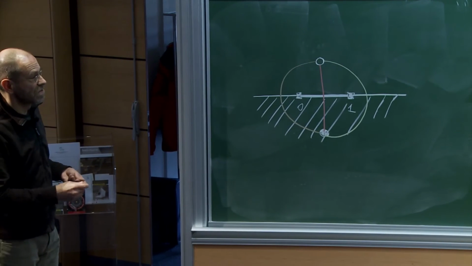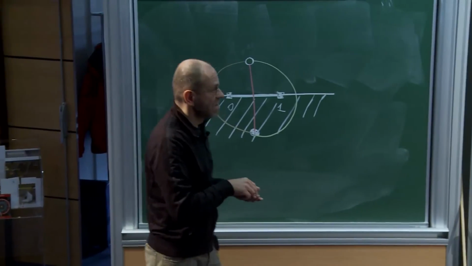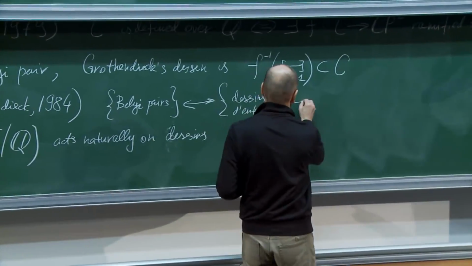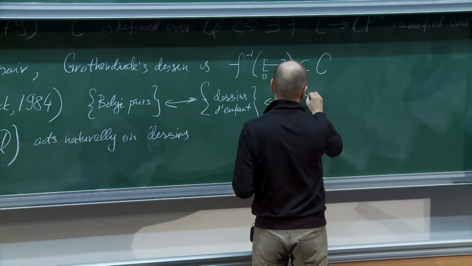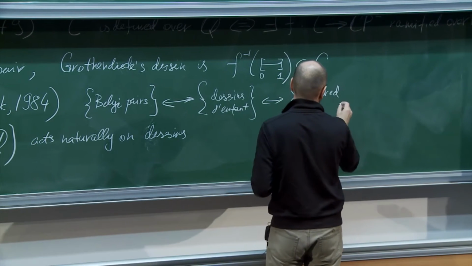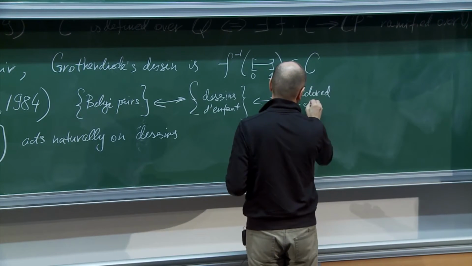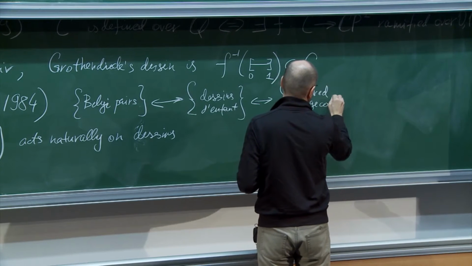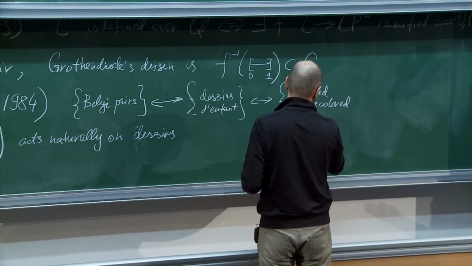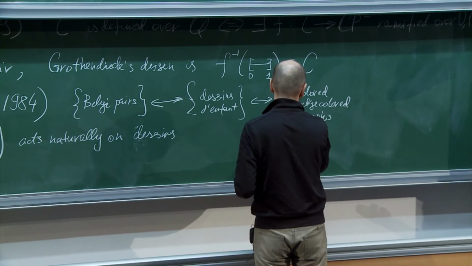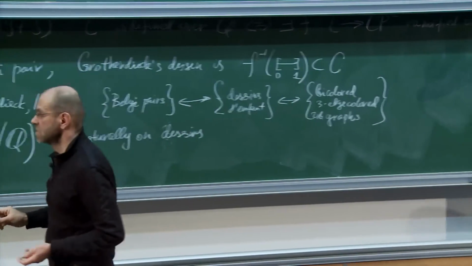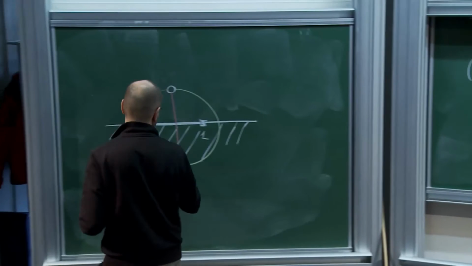So there is a one-to-one correspondence between dessins and bicolored, three-edge colored graphs. Even ribbon graphs. The ribbon graph structure is inherited from this picture.